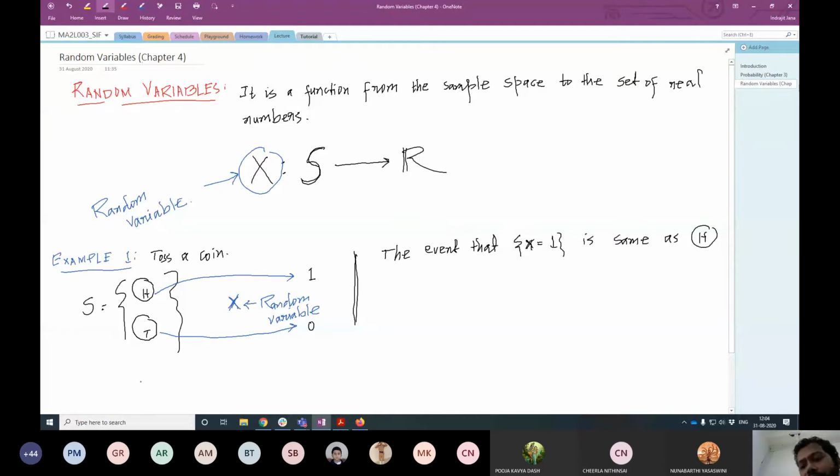But the important difference is, without the random variable, you have the sample space, which are some abstract objects which are not numbers. On the right hand side, when you define a random variable, you get something which are numbers.